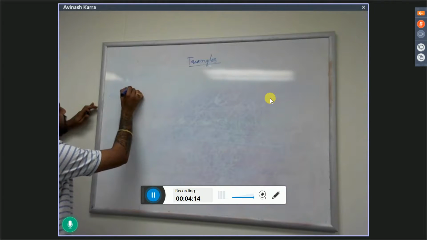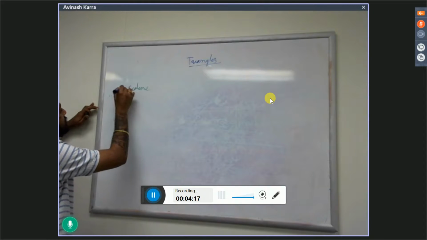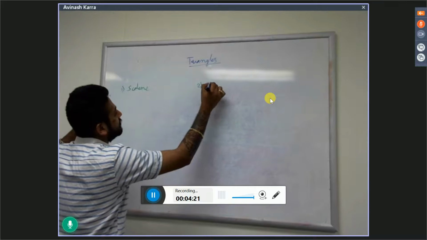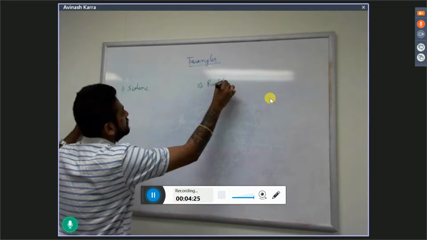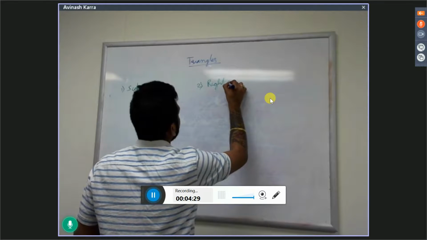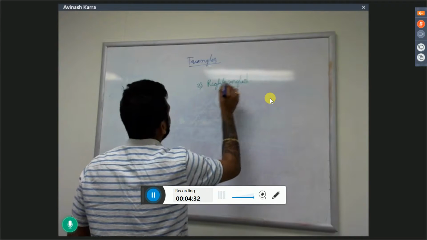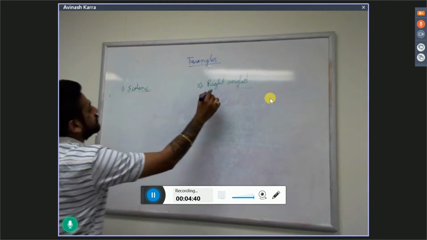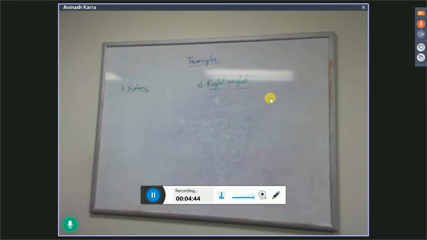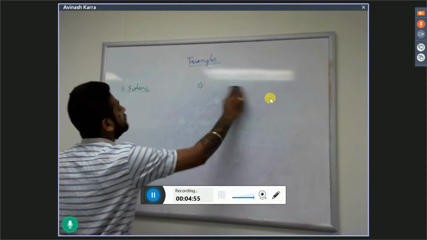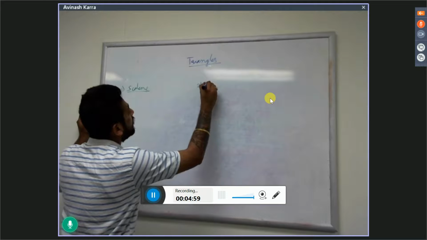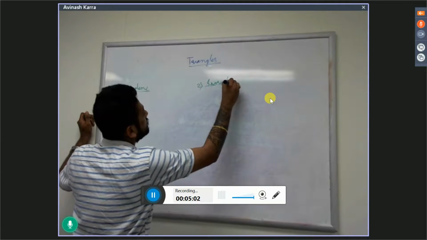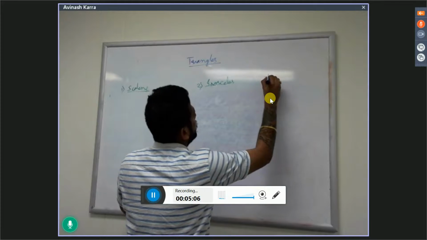One is scalene, the second is isosceles, and the third one is equilateral.